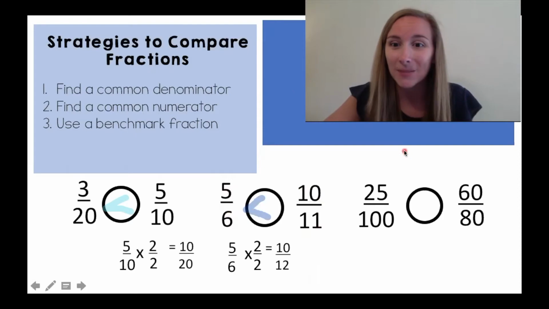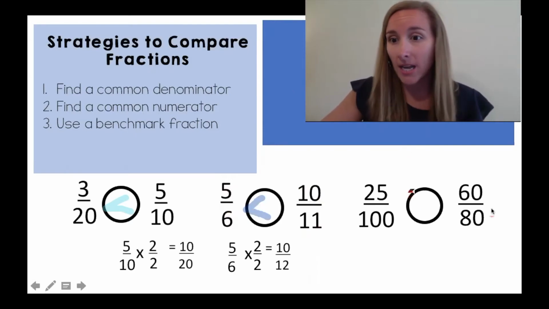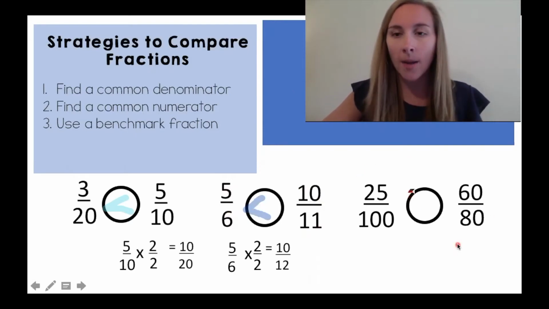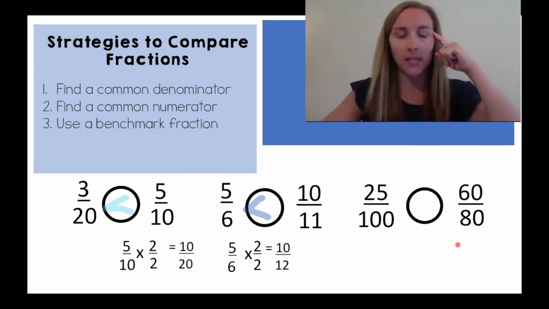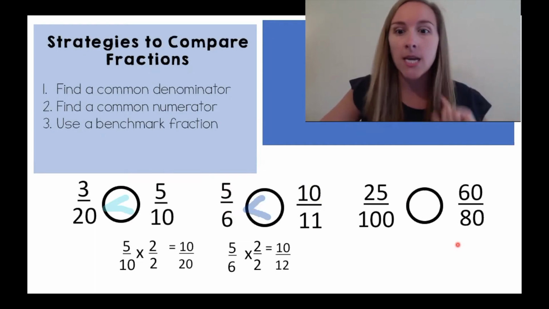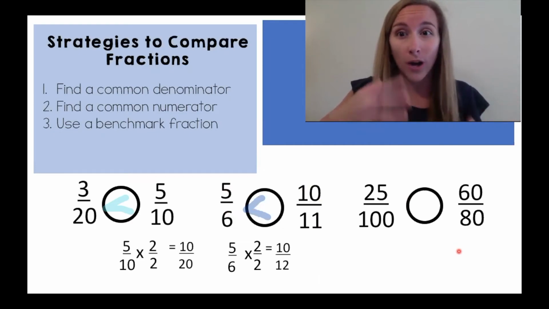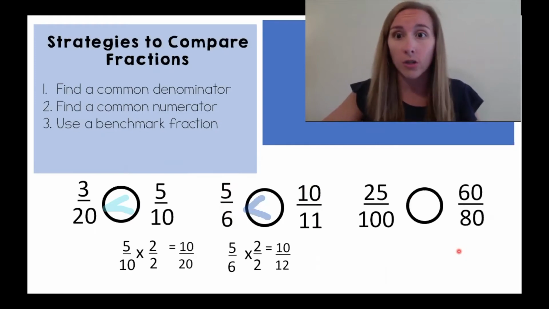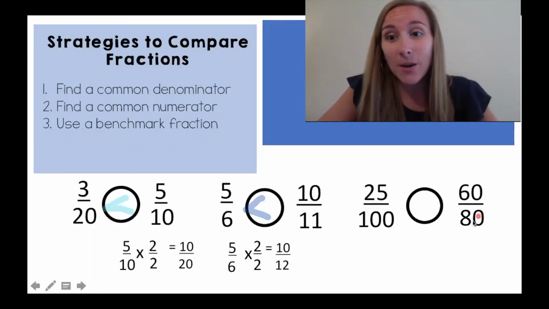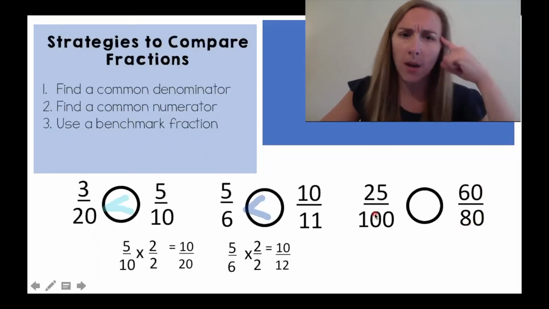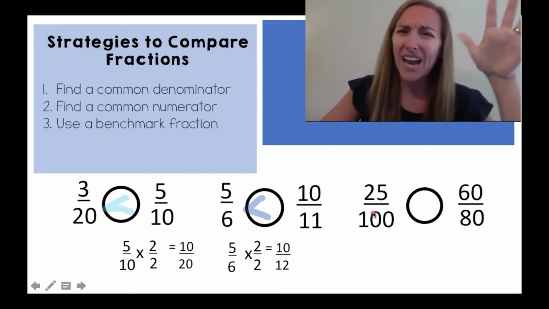Y'all are doing great. All right, my third one here, I created a comparison where I wanted to use a benchmark fraction. Now go back and think. A benchmark fraction is something that's very easy for you to picture in your mind. So 1/2 or 1 whole are kind of the main ones that we'll use and talk about. So 25 over 100, and then 60 over 80. Now, if I'm looking at common denominators, I'm like, oh, I don't know.